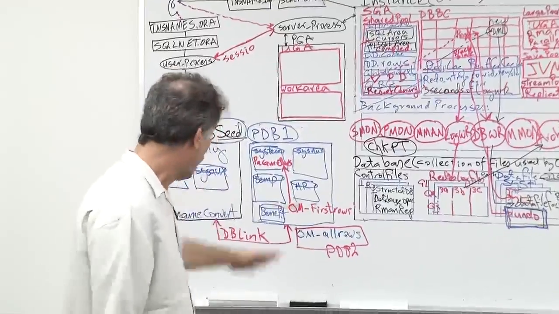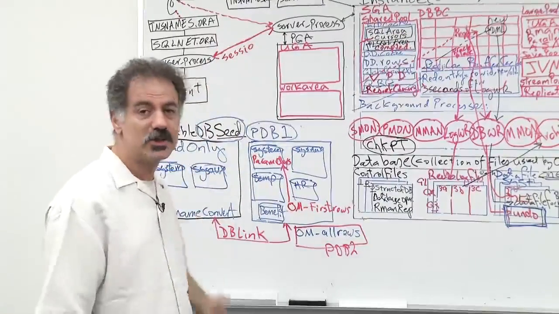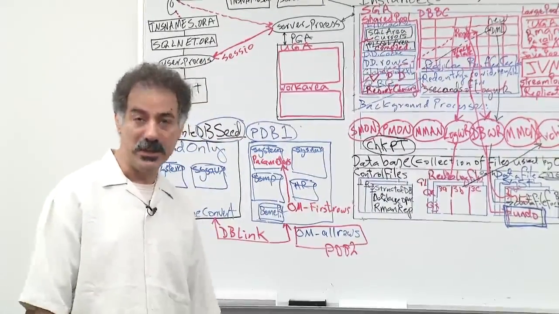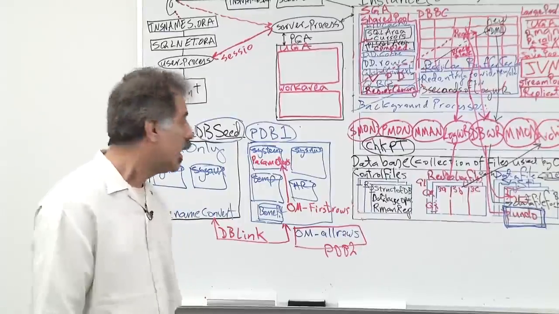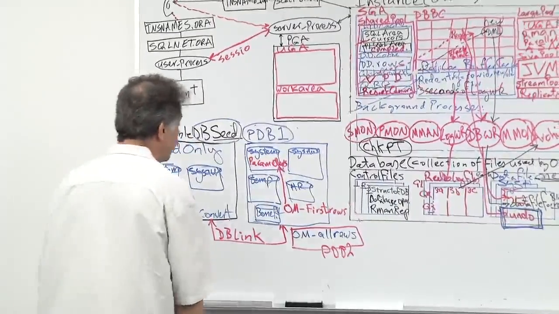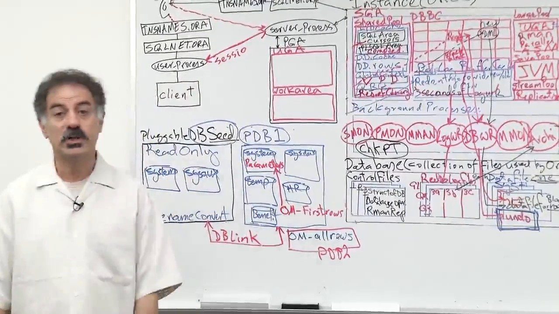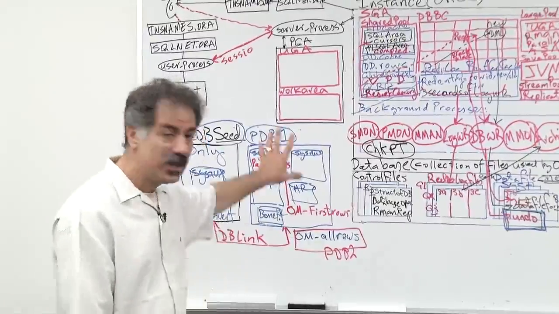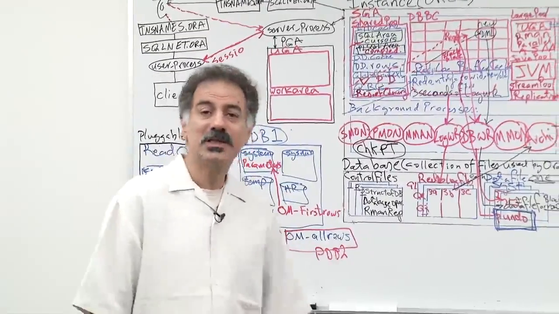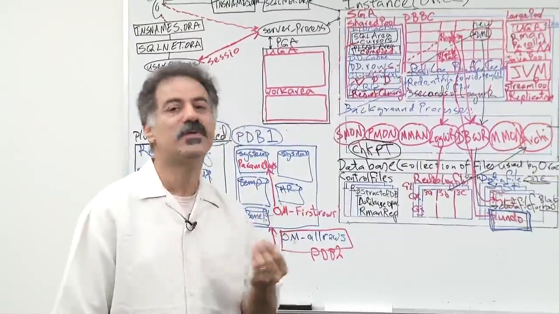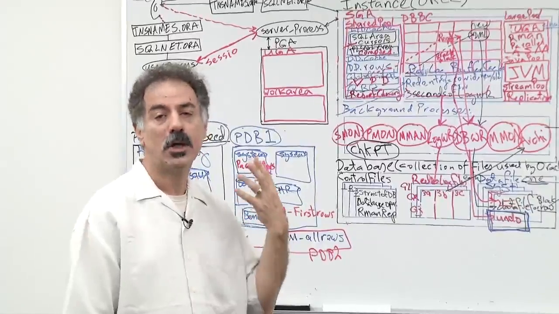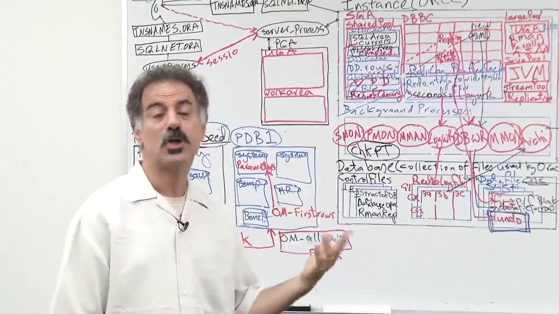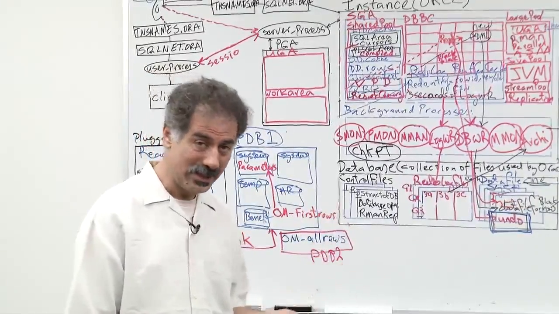So now we can see the architecture of a container database. And as we cover in the classes for the container database, dealing with the container database is a little bit different than dealing with our non-container database, like the way we used to do back in 10 and 11.